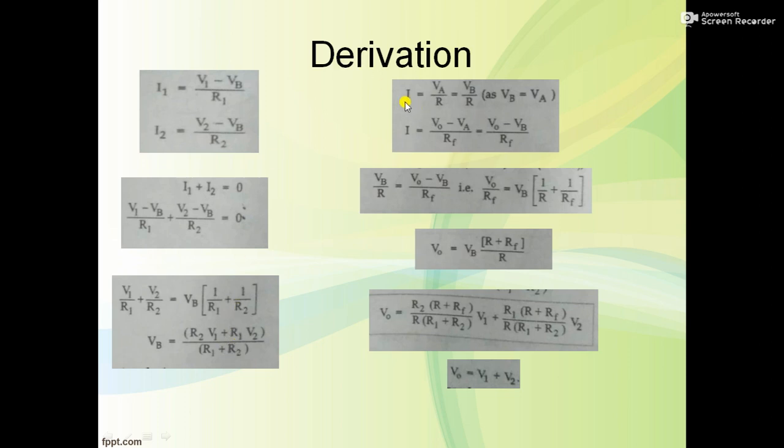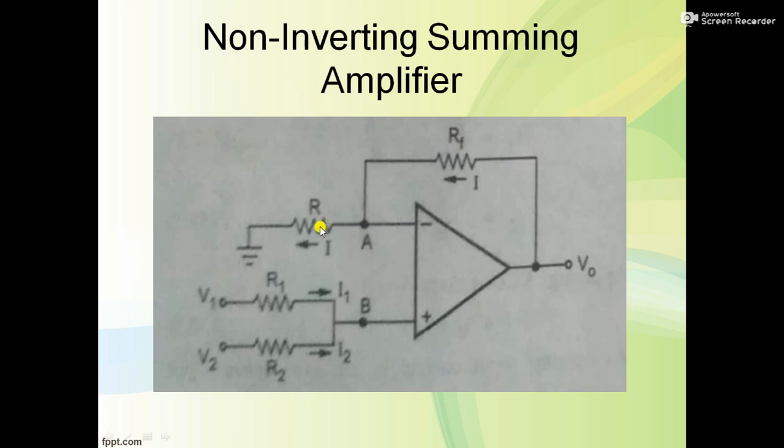So next, I is equal to VA by R, that is VB by R. This current you are getting at this negative terminal path.